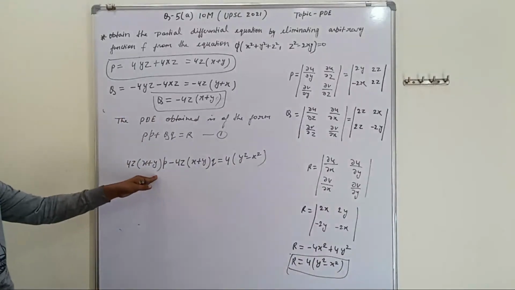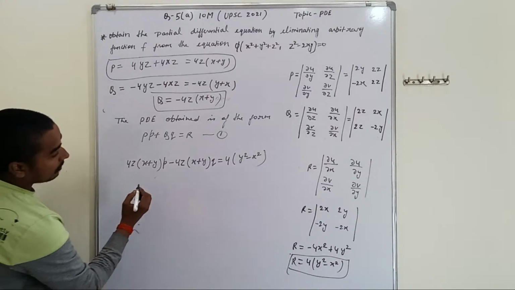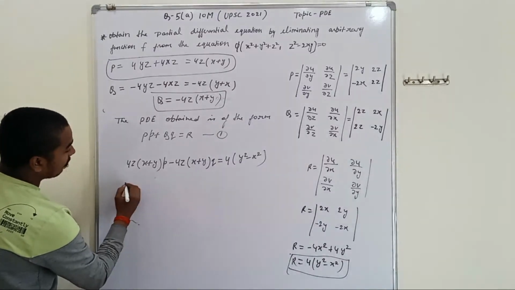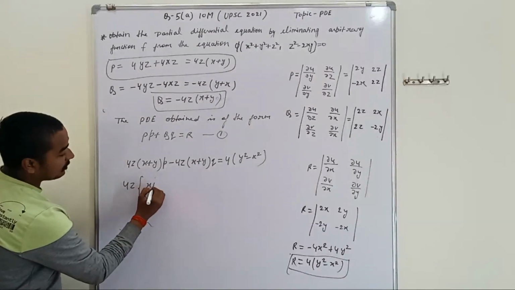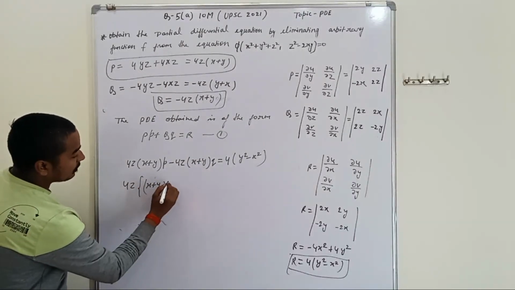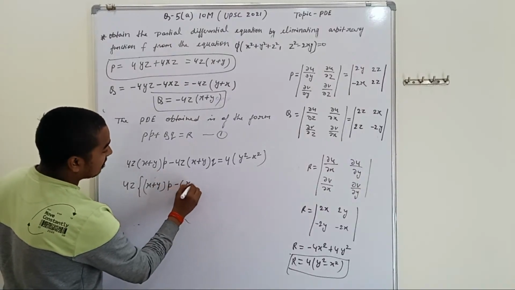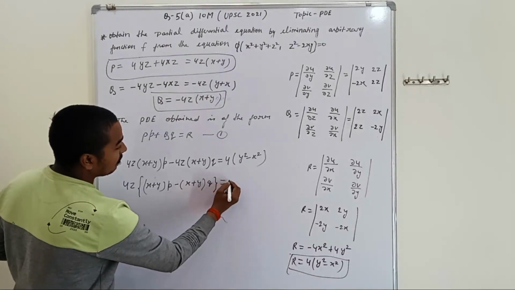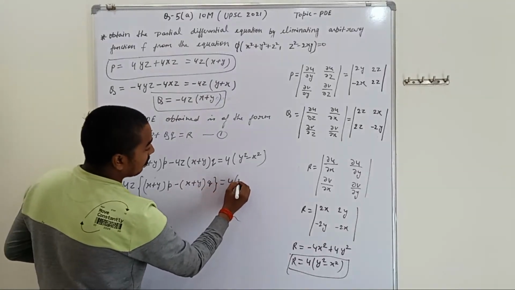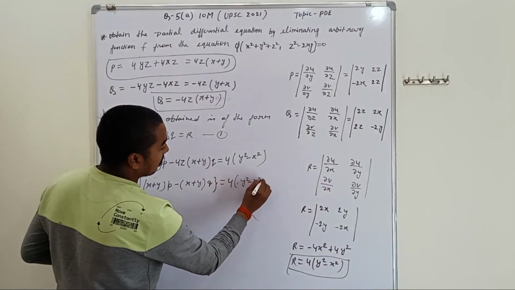Taking common 4z on the left hand side, that is 4z times x plus y into small p minus x plus y into small q, is equal to 4 times y square minus x square.